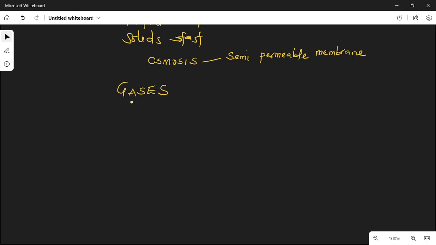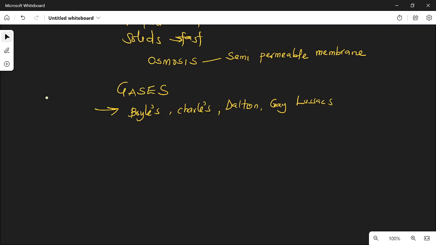Very, very important. All these gases were investigated by scientists like Boyle, Charles, Dalton, Gay-Lussac and many more scientists like that.